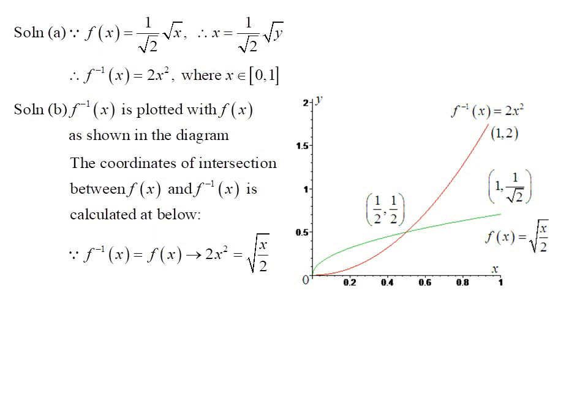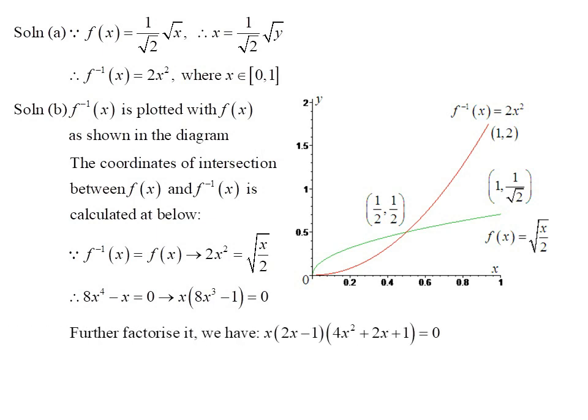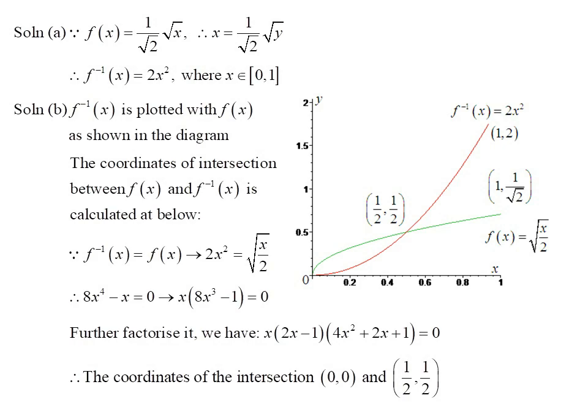We set f of x equals the inverse function to obtain a quartic equation, 8x to the fourth minus x equals 0. Solving the equation by factorizing the left side, the coordinates of the intersections are obtained. They are 0, 0 and 1 over 2, 1 over 2 respectively.